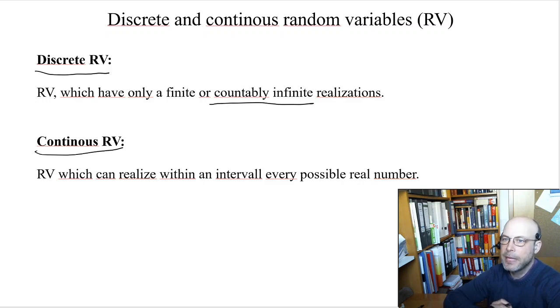And then, of course, we also have continuous random variables, where we say that the realization is in between some interval on the real numbers.